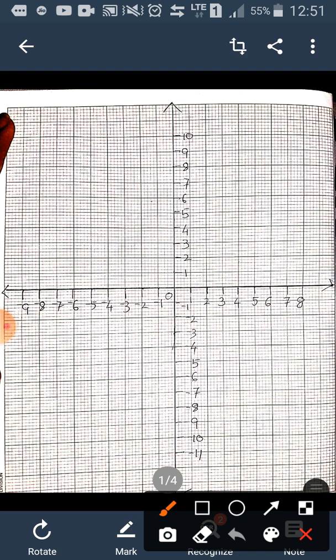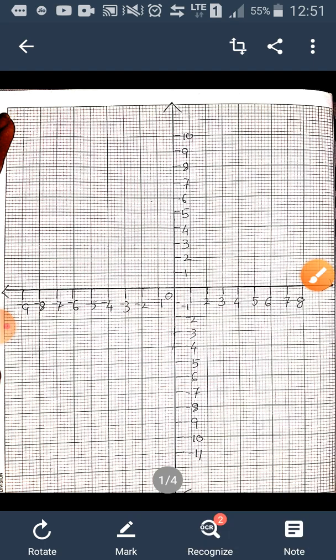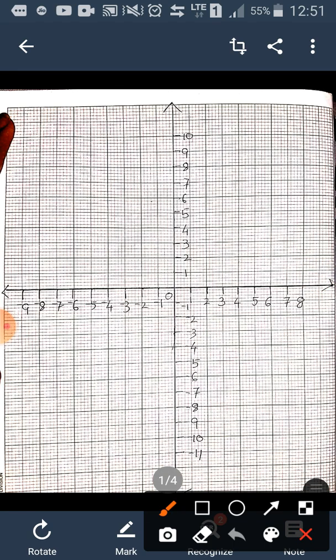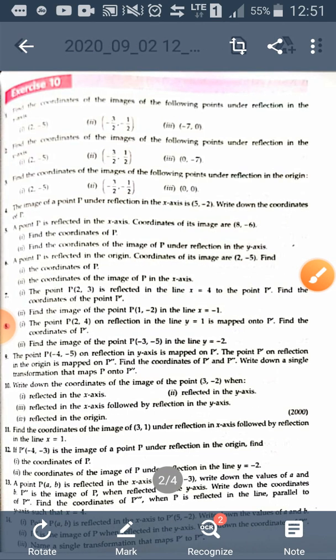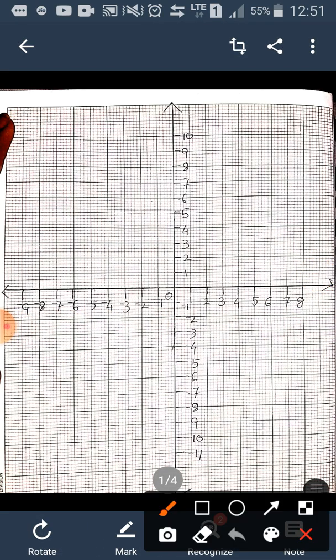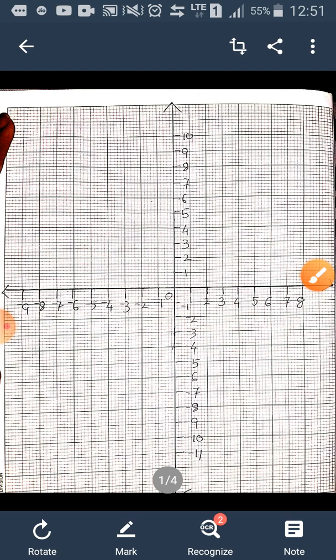Let us assume that minus 3 by 2 is somewhere over here between 1 and 2, and minus 1 by 2 is somewhere below that. I'm not able to put the point exactly because I'm making this video on my phone.